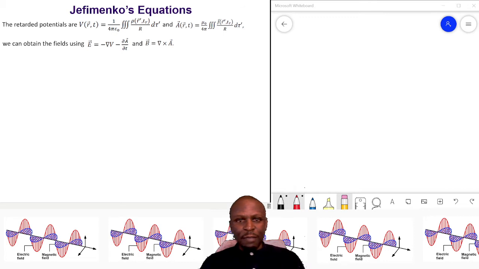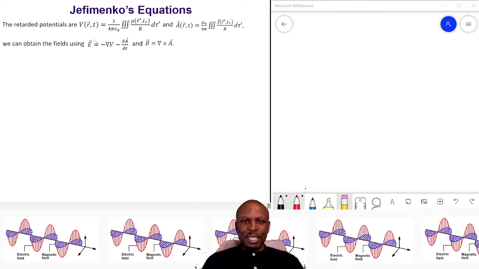Now let us also dive into Jefimenko's equation. Because we know the retarded potentials, we've just derived them. Now we can obtain the electric field in terms of the vector potential, because we can take the gradient of this and plug it there, and then we can differentiate this with respect to time, and that will be the electric field, while the magnetic field will be obtained when we compute the curl of A, because we only take the curl of this.